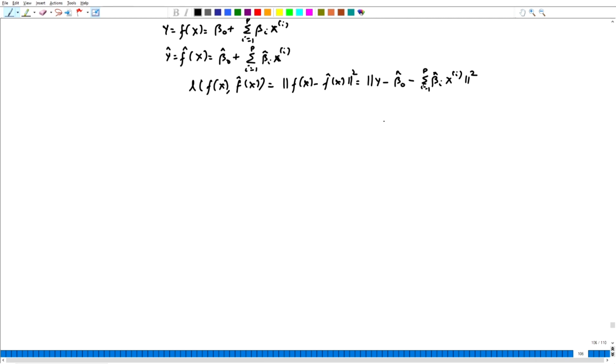Note that we are actually given y and x, and we are given n data points.